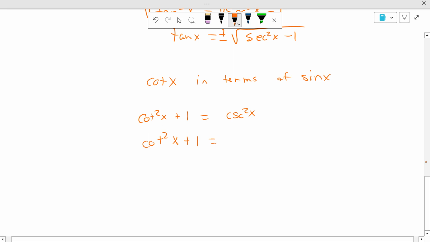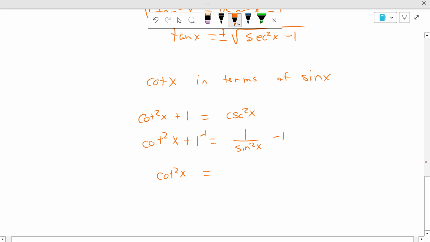Cosecant squared is 1 over sine squared of x. So cotangent squared of x, if I want it alone, what do we do with this 1? Subtract 1. Now, when I take the square root, because I'm going to eventually take the square root of both sides, right? When I take the square root, I don't want to have two different things, one with a fraction, one without a fraction that I'm taking the square root of.